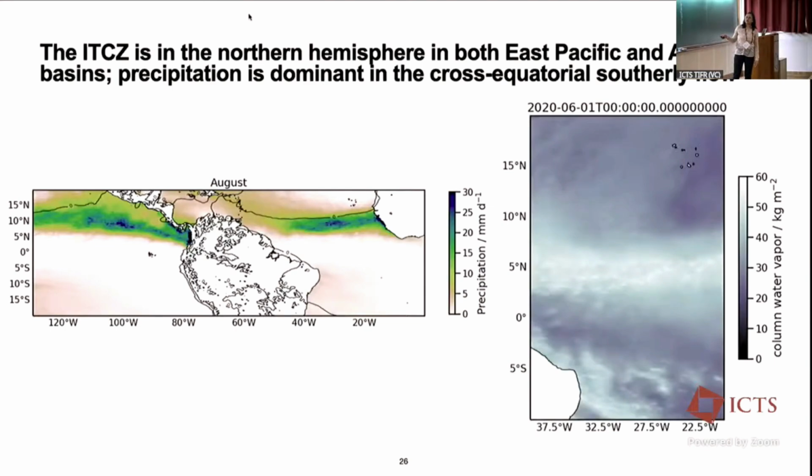For that, I plotted the precipitation monthly mean here. And I also plotted the contour line of zero meridional wind, which is the confluence where the trade winds meet. And you see that in both the East Pacific, where I look at 125 west to 105 west, and in the Atlantic, the precipitation is in the southerly regime.